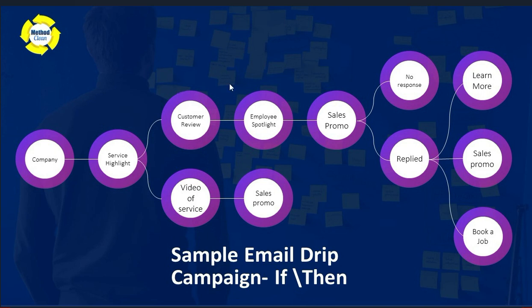I can't really show it on a PowerPoint. The screen would be too small. But you could take each of these if-then examples and apply them to each of these different emails. And you can make them as complicated or as simple as you like.